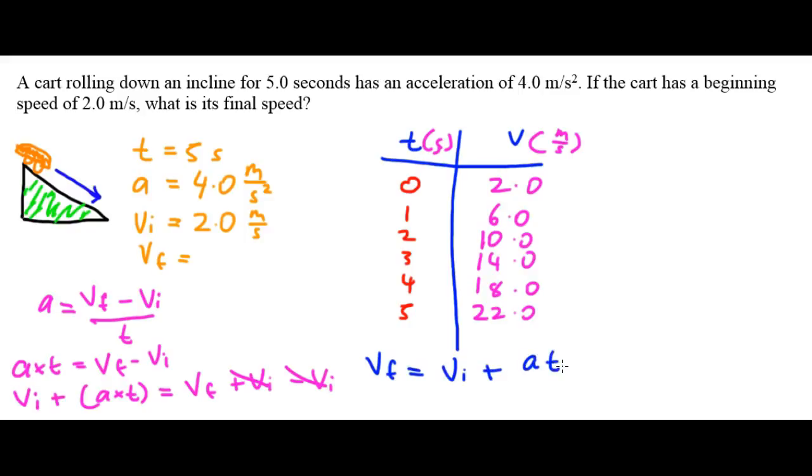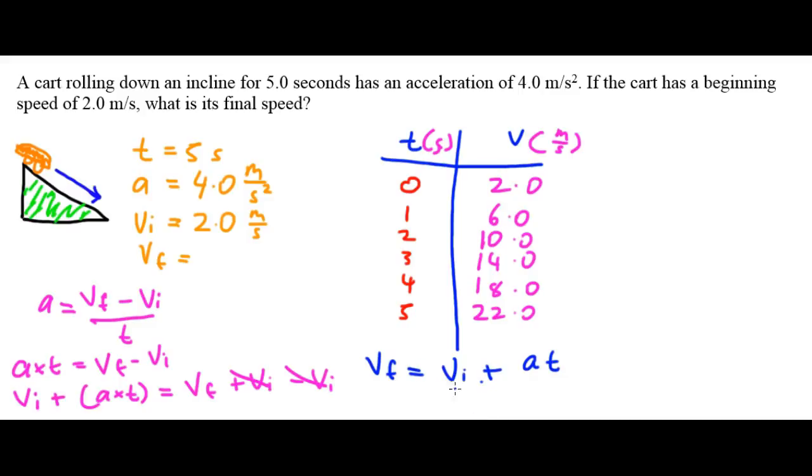And you can actually look at this. We can actually prove this according to our table, because our acceleration is 4. So let's say at 4 seconds, 4 times 4, what's that, is 16, plus however fast we were going at the start, which was 2 meters per second, right?